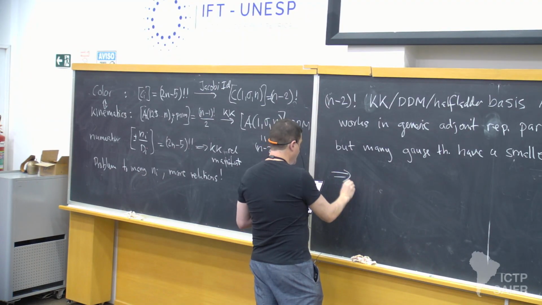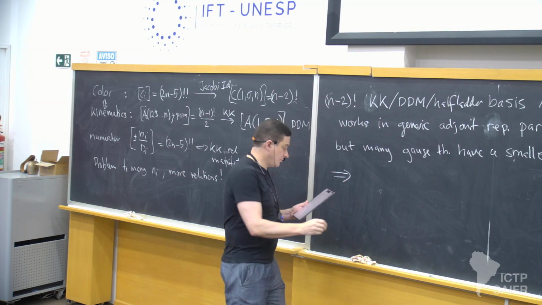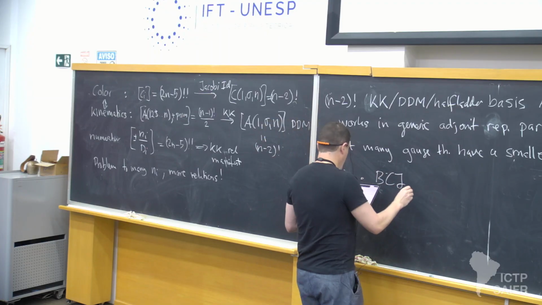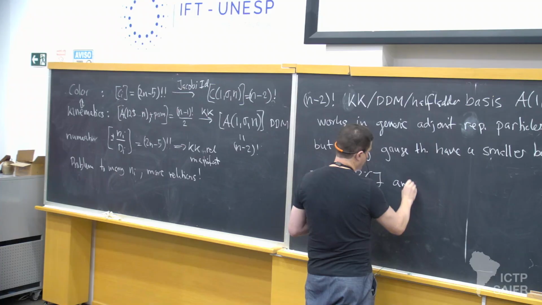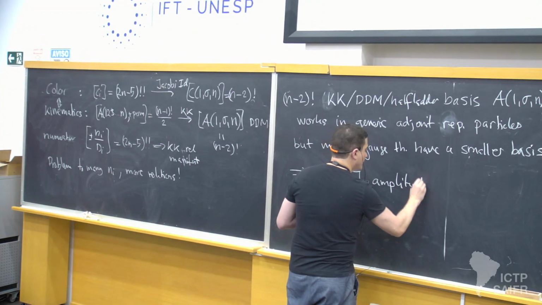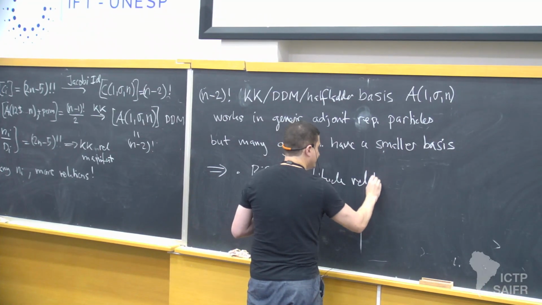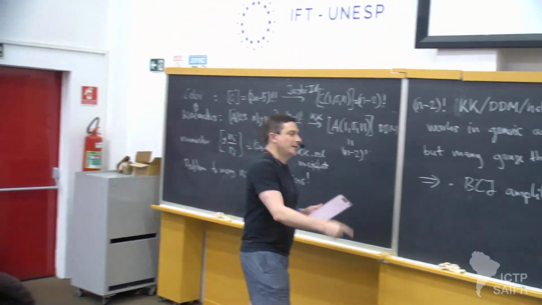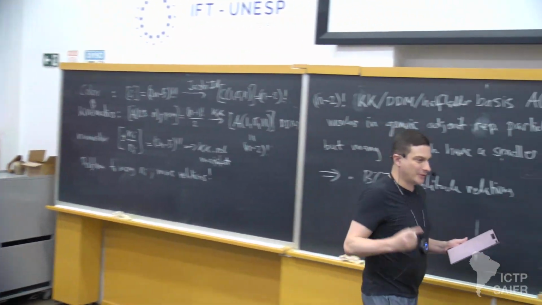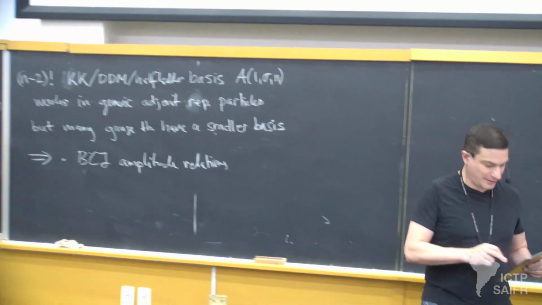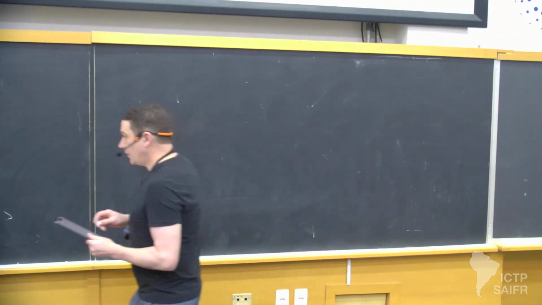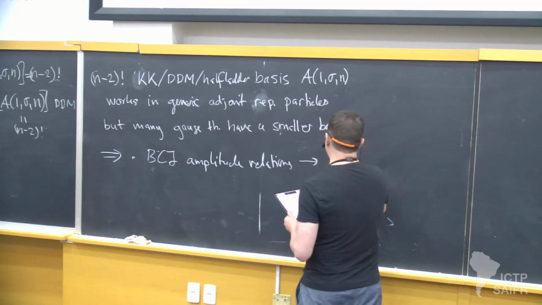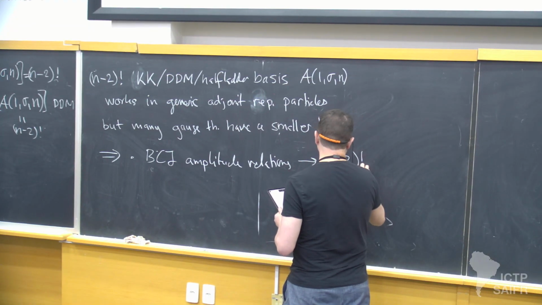This is due to the fact that there are more relations, which I'm going to call BCJ amplitude relations. Sometimes I just call them BCJ relations, but it's useful to put the word amplitude there because there's also another set of relations which can be confused. Those relations take you to a smaller basis, which is (n-3) factorial.